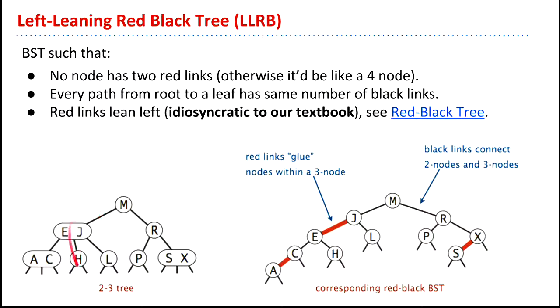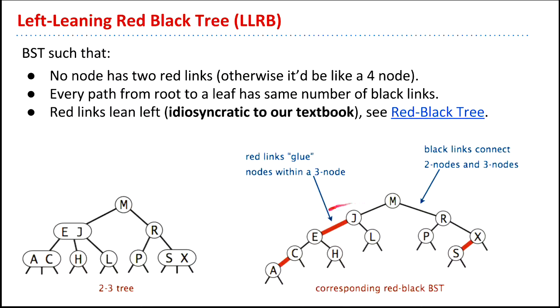So we're balanced on black edges, but you say the problem is, well, what about the red edges? Because no 3 nodes are allowed to be connected by 2 red links, because that would form a node that's too juicy in the corresponding 2-3 tree, we can't actually have 2 consecutive red nodes.